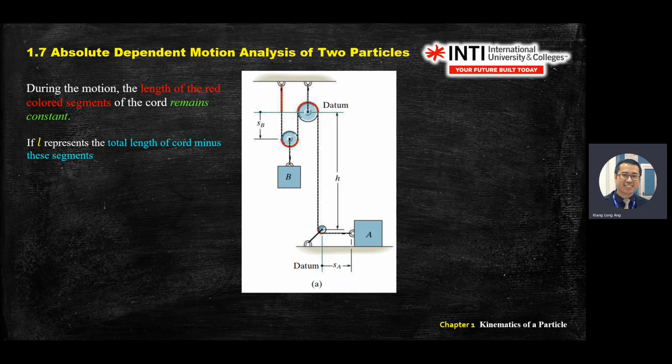Okay. Chong, you agree? That's not the total, right? No. What is the total length? LT equals 2SB plus H plus SA. Chong, explain to Nico why 2SB.